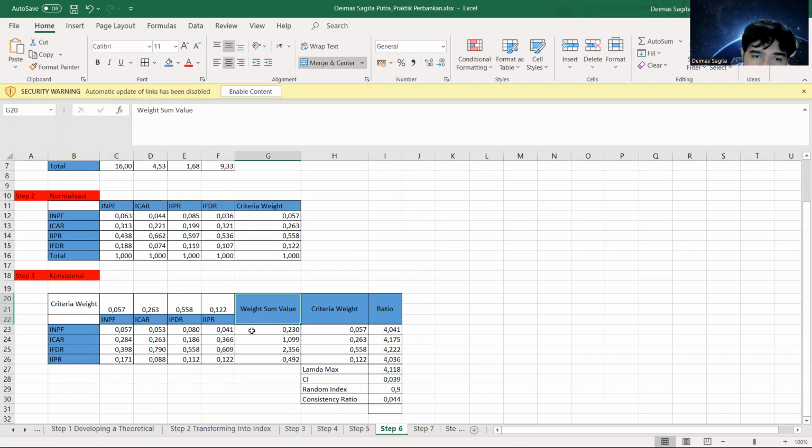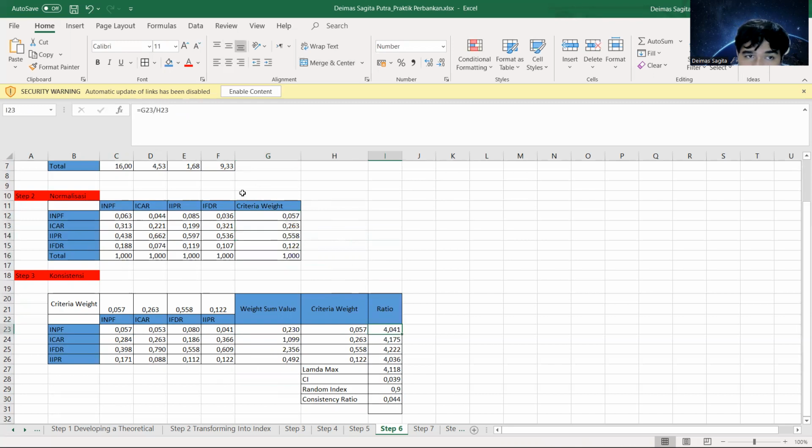For the weight sum value, we try to find the weighted sum value here. The formula is equal sum, just block your data from left to right like this, and just enter that. For the criteria weight, it is from here.